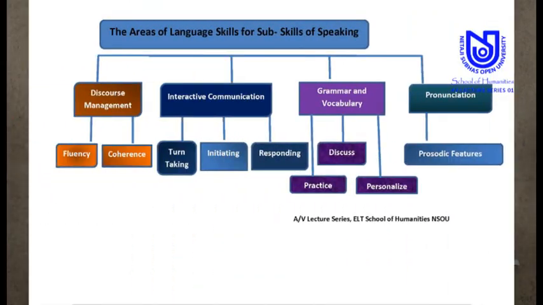If we look at the flow chart here, the areas of language use as sub-skill of speaking, we have discourse management, interactive communication, grammar and vocabulary and pronunciation. So discourse management would again go into fluency and coherence, interactive communication into turn taking, initiating and responding, grammar and vocabulary into practice, discuss and personalize, and pronunciation to prosodic features.